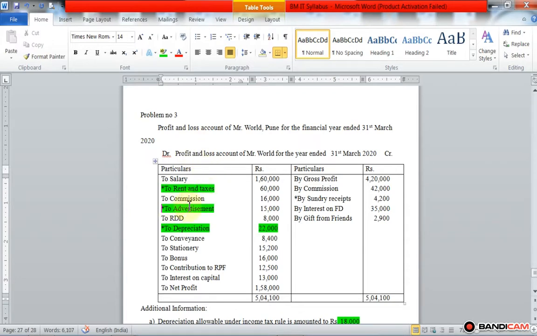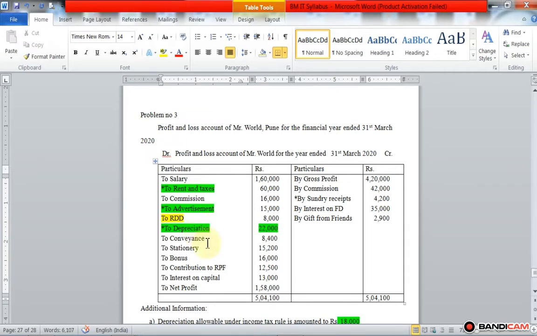Then RDD is also disallowed expenditure. RDD means provision for doubtful debts. All provisions are disallowed. For depreciation, an adjustment is given: excess depreciation is charged on the debit side of the profit and loss account, so excess depreciation is disallowed.